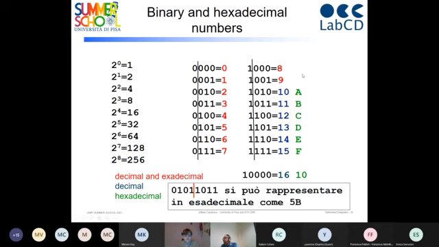And this is the last one, why I was mentioning hexadecimal, because very often, and this is very much used, you use the hexadecimal notation in order to represent a byte. Here is the explanation why it is convenient. If you take 3 bits, with 3 bits you can represent the numbers from 0 to 7.